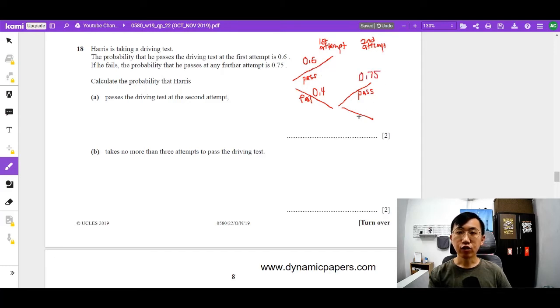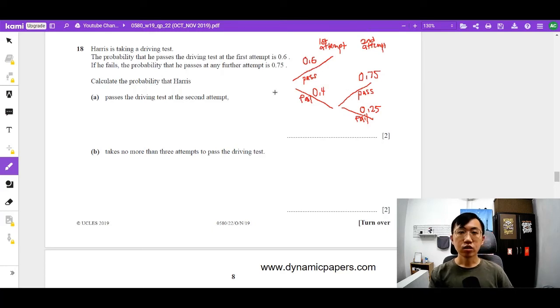Now you have to find out the chance for fail. You know that the total probability is 1. So take 1 minus 0.75, you should get 0.25. Notice that these two added together get you 1. So every branch out like this will have to total to 1.